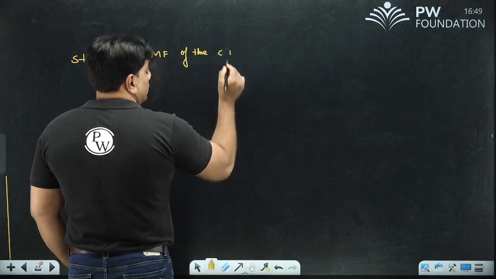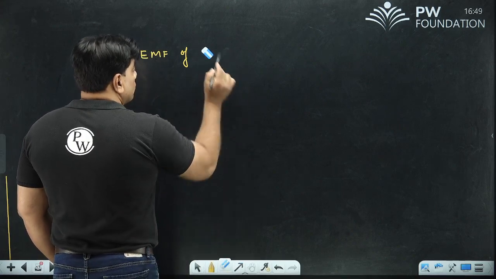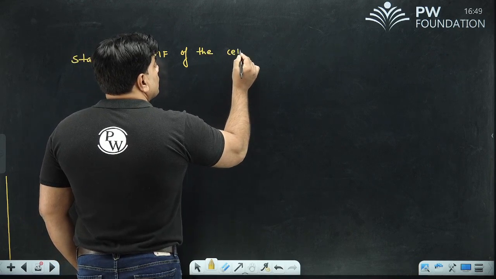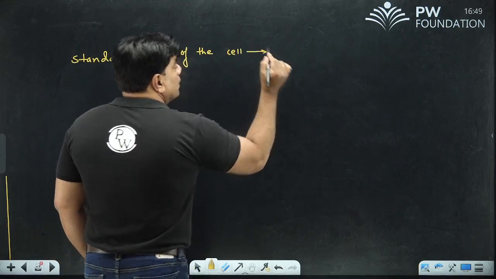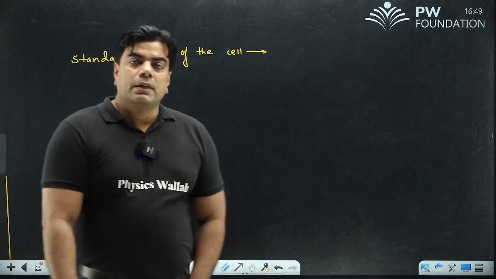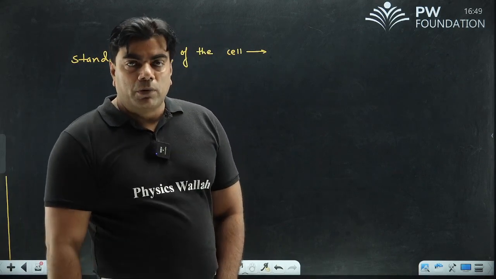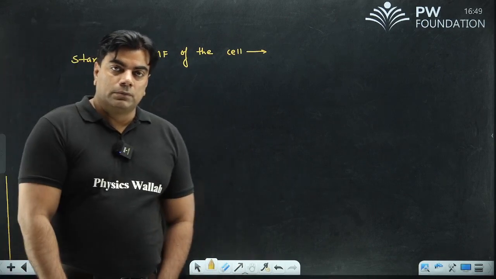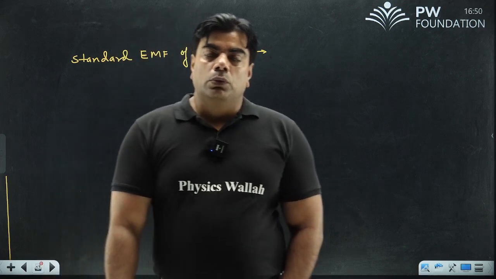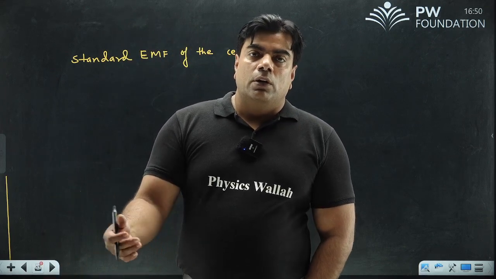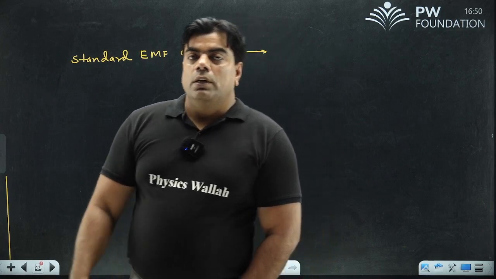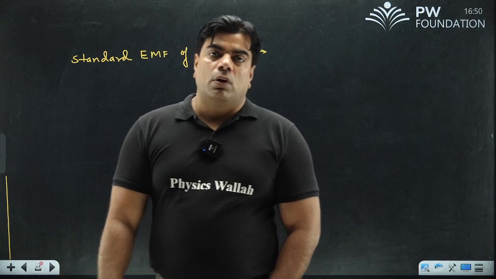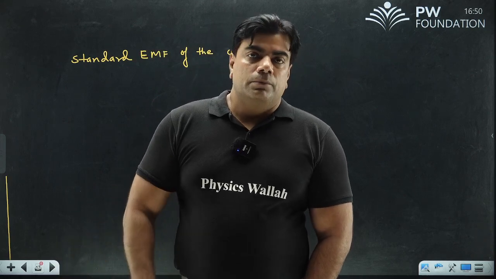If someone asks you what the standard EMF of a cell is, you can say that when the EMF of the cell is calculated using a standard oxidation potential or standard reduction potential, then the calculated EMF is called the standard EMF of the cell.